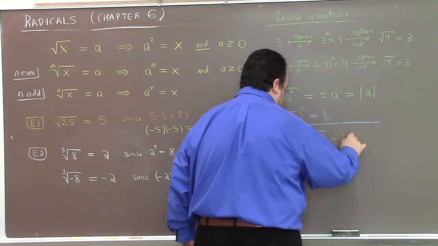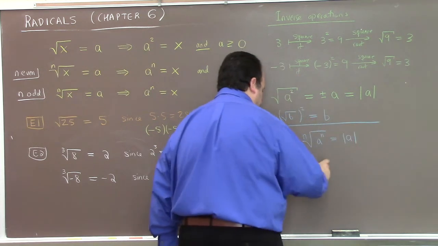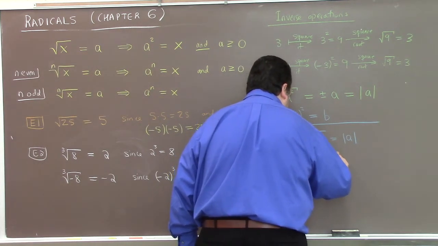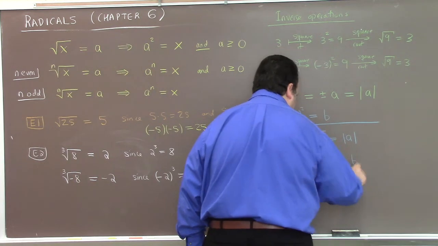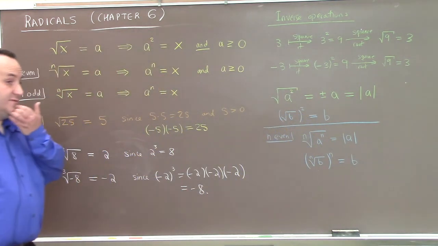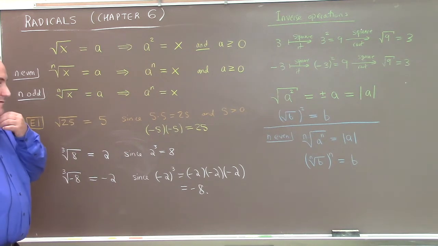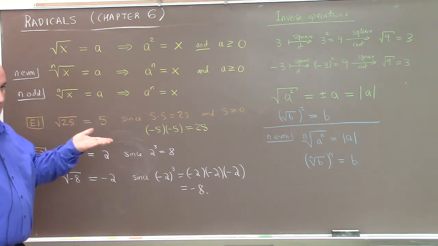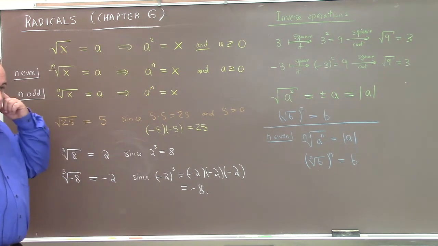We get the absolute value of a. But it's also true that the nth root of b, raised to the n power, is b again. So we get the absolute value when we take the nth root of an nth power, but we just recover b again when we take the nth power of an nth root.